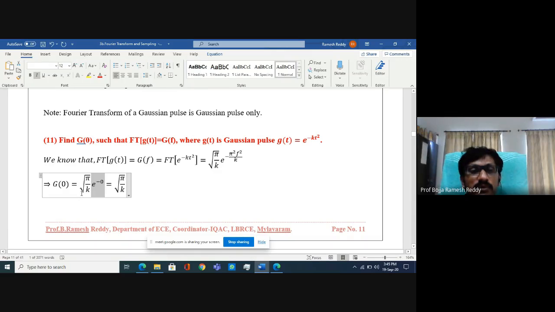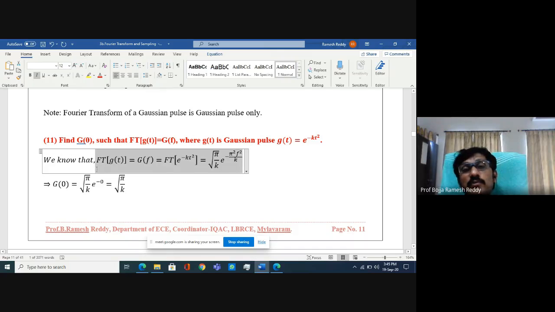So 1 into root of pi by k. The answer is root pi by k. We can finish it within 5 to 10 seconds, but we have to know this formula, the frequency domain of the Gaussian pulse.